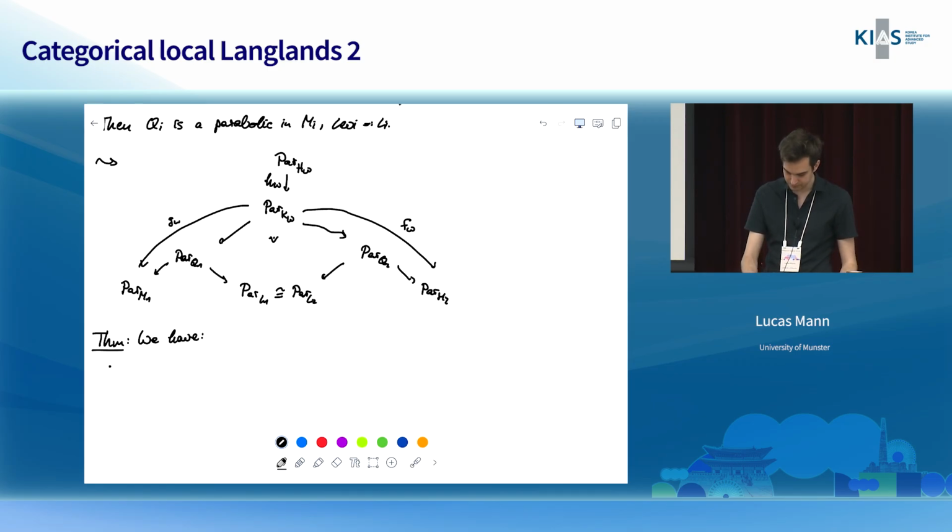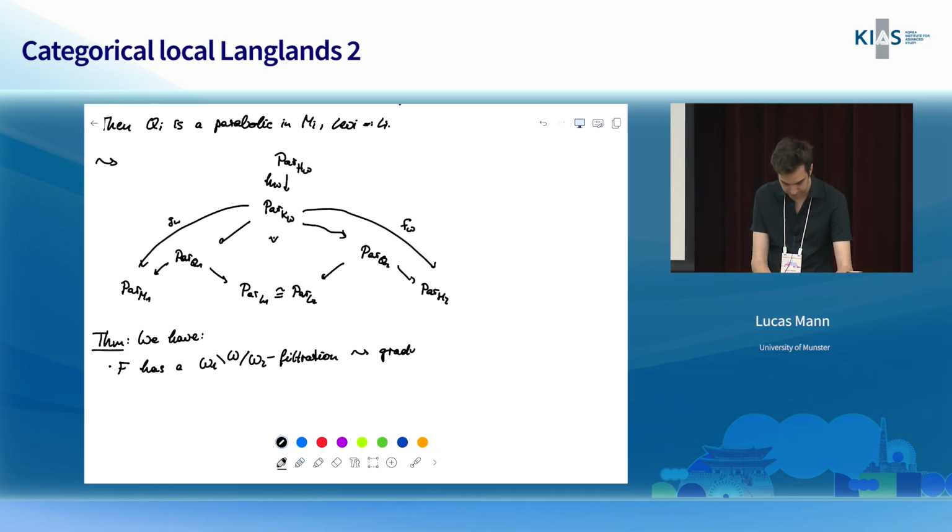So first, check that f has a filtration indexed by this double quotient. And then the graded pieces I will call FW. Okay? So in the usual geometric lemma, this is where you stop, and now you just describe these FWs as something simple. We have to go further.